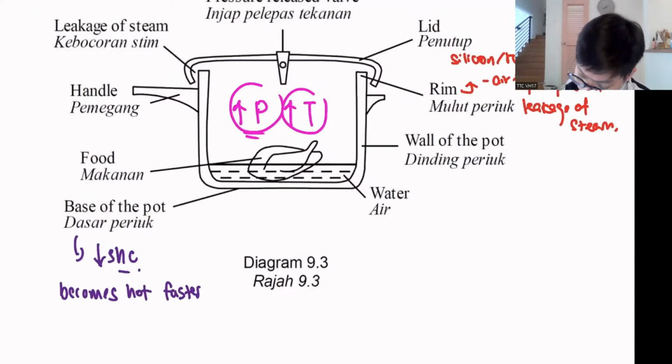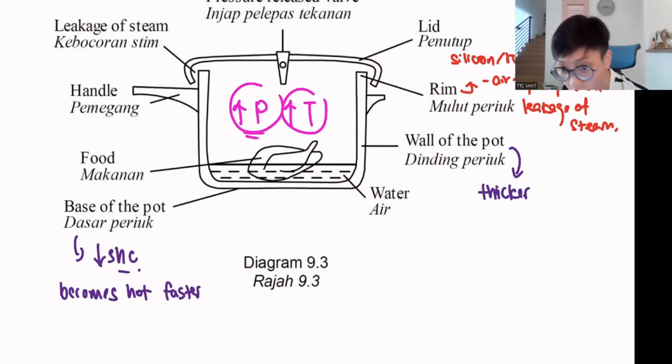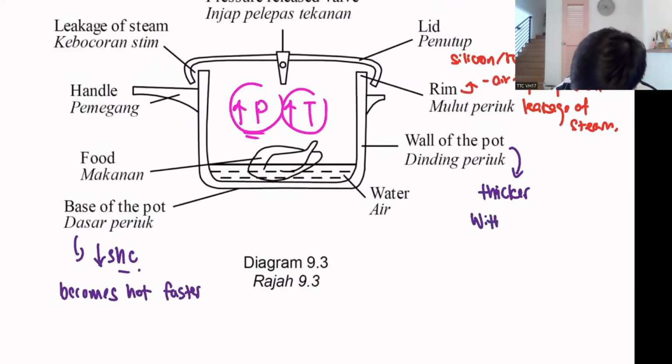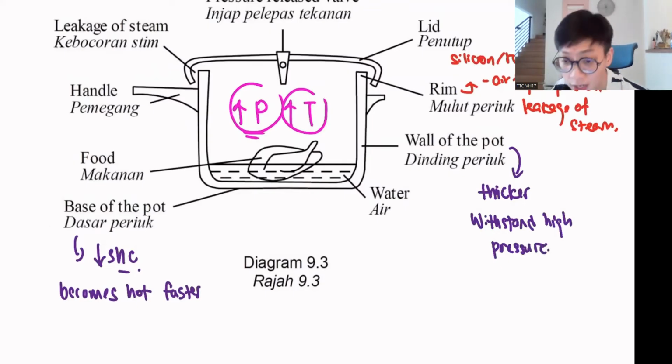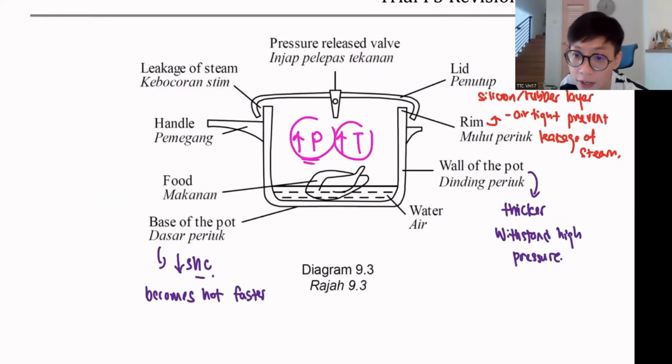Now next, the wall of the pot must be thicker. Why do you need a thicker wall of the pot? Because it must withstand the high pressure inside the pot. Otherwise, it will explode. Then, a lot of people tell me the lid has a hole.